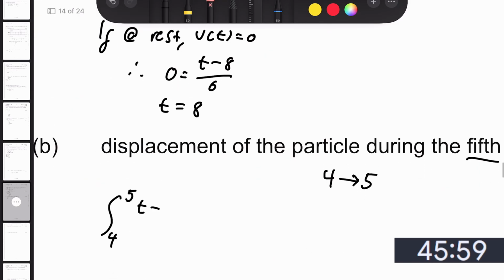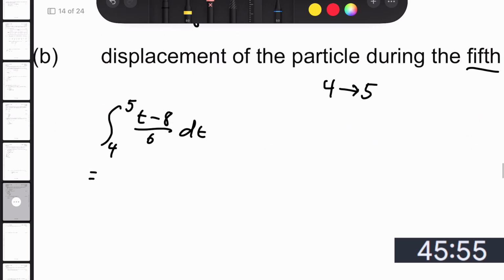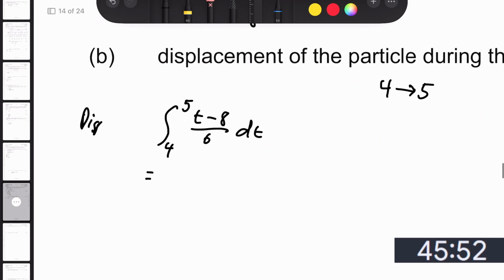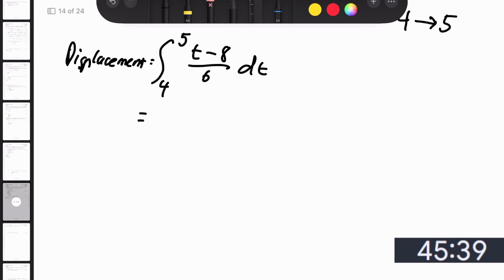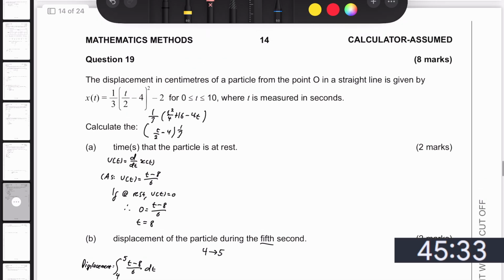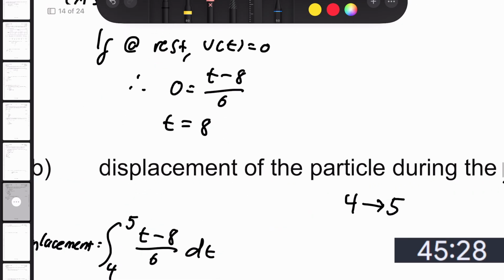So integral of t minus 8 all over 6 dt equals, I'll just write displacement, equals, plug that in your calculator. This one's only 2 marks, so you know there's not going to be much to think about. Watch me get this wrong. I get negative 7 on 12 centimeters. Is it centimeters? And it's seconds. Okay, so I'll just write seconds here as well.